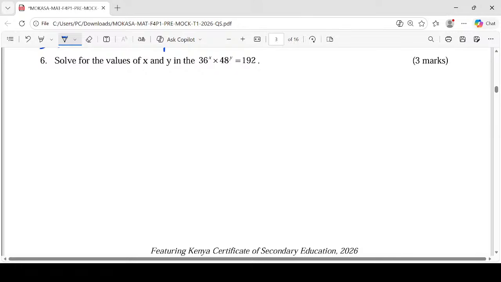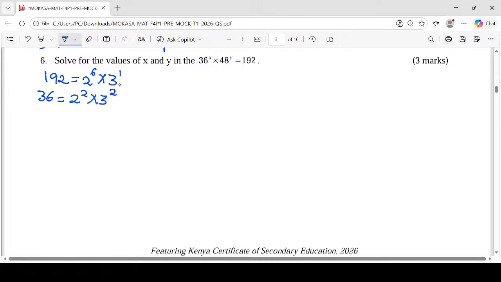So let us see this. There is one thing I want my learners to understand, that 192 can be expressed as 2 to the power of 6 multiplied by 3 to the power of 1. Then the number 36 can also be expressed as 2 to the power of 2 multiplied by 3 to the power of 2.